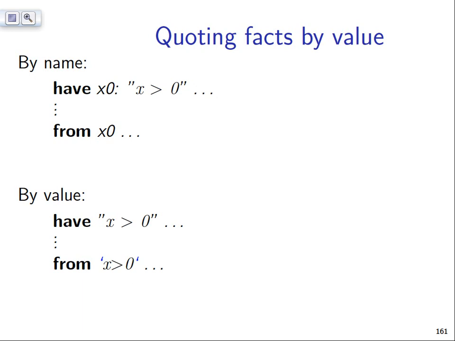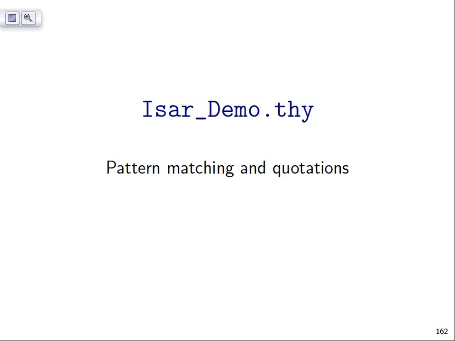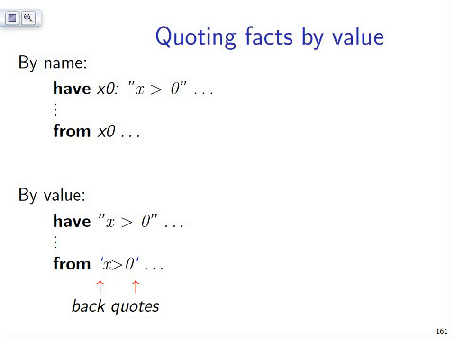So you take that formula, put back quotes around it, and then that formula will be inserted there. And these back quotes are just a hint to the system: this is not the name of something, but it's the value of something. Namely, the proposition with that value.